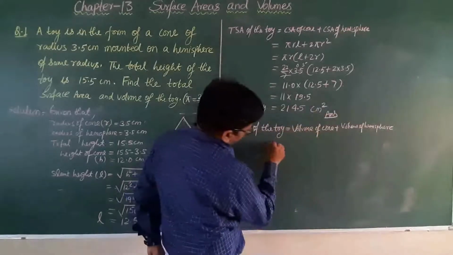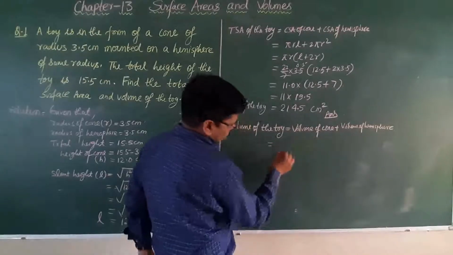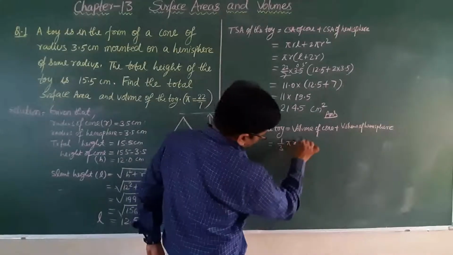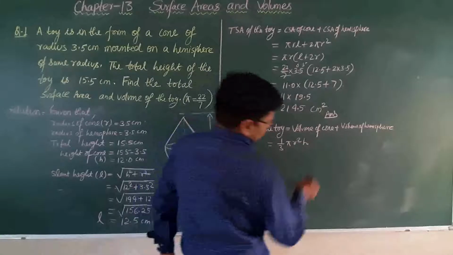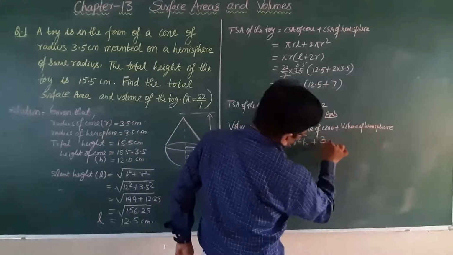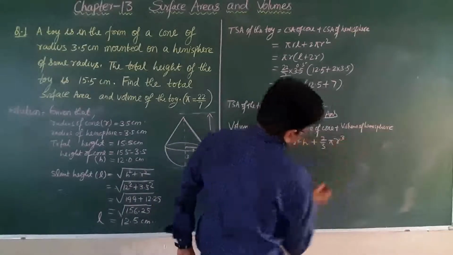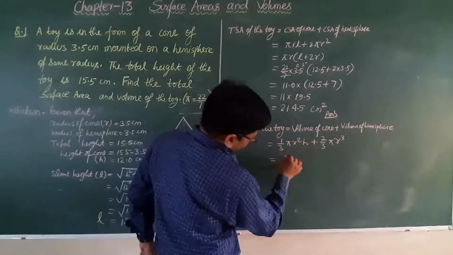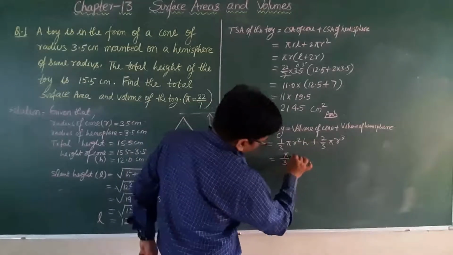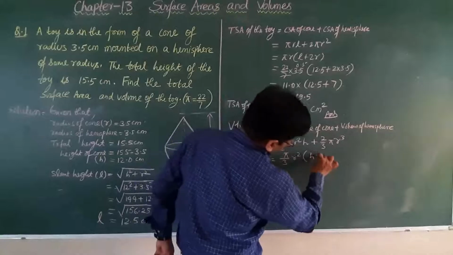So the volume of the toy is the volume of the cone, that is 1/3 πr²h, plus the volume of the hemisphere, 2/3 πr³. Taking πr²/3 common, we get πr²/3 times (h + 2r).